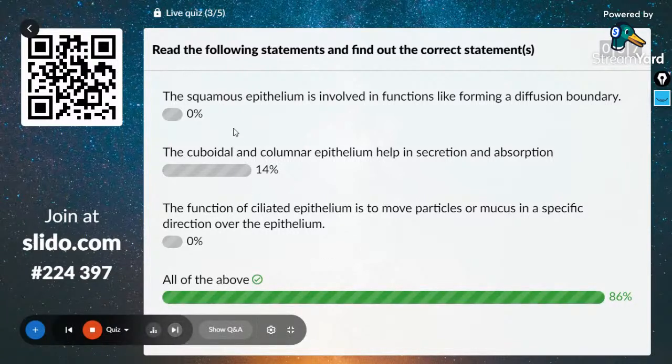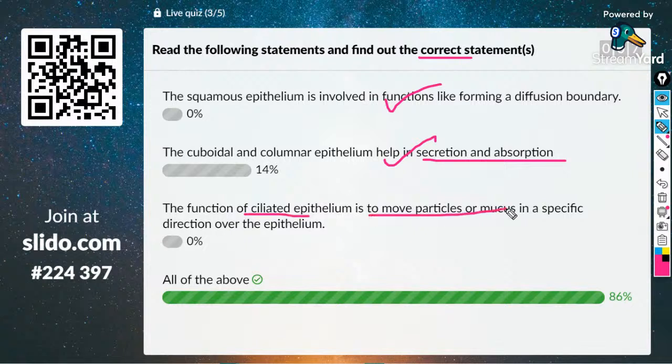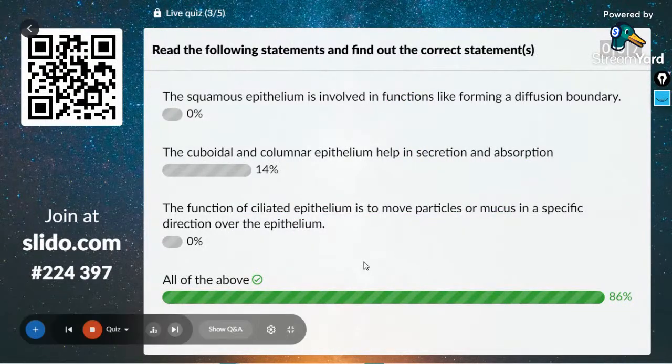You are asked to find out the correct statements. Squamous epithelium in a diffusion boundary, correct. Cuboidal epithelium in secretion and absorption, correct. Ciliated epithelium moving particles and mucus in a specific direction, correct. So all the statements are correct.